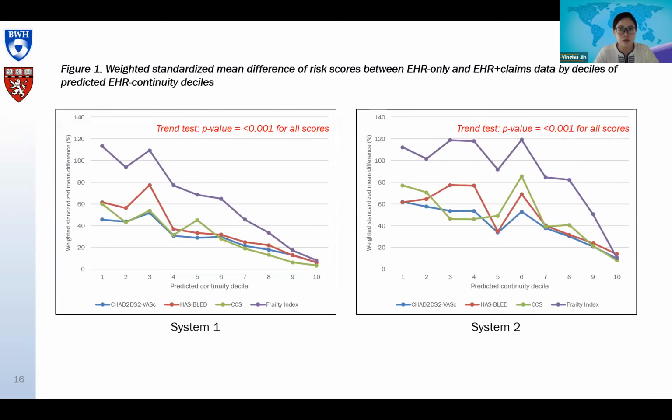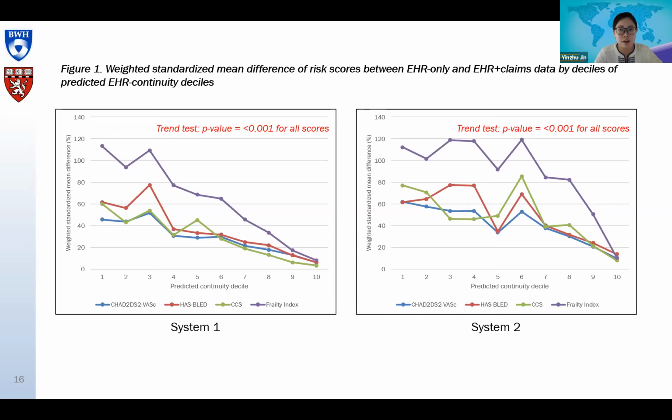This figure shows the weighted standardized mean difference of risk scores between EHR only and EHR plus claims data by deciles of predicted EHR continuity. The left figure presents the results from EHR System 1, and the right figure presents results from EHR System 2. In both figures, the x-axis is the deciles of predicted EHR continuity, where 1 is the lowest and 10 is the highest, and the y-axis is the weighted standardized mean difference in percentage.